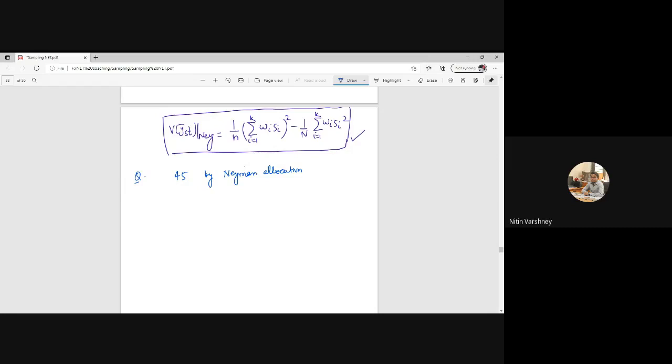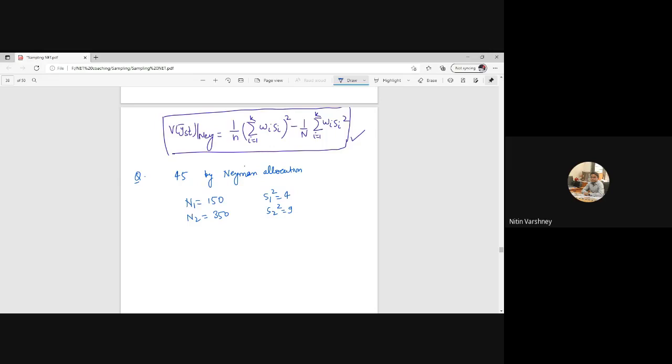for a population with N1 equal to 150, N2 equal to 350, S1 square given as 4, and S2 square given as 9, then the number of units to be selected from the first stratum.